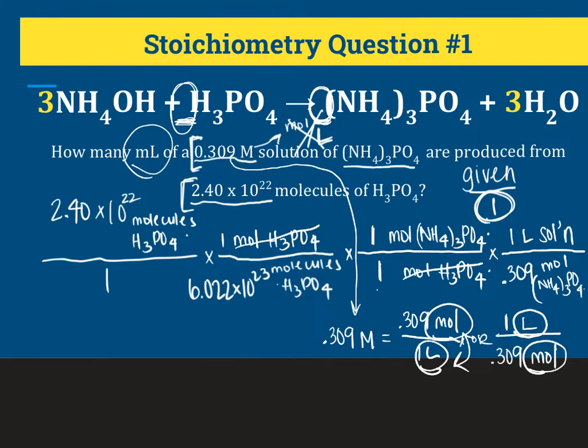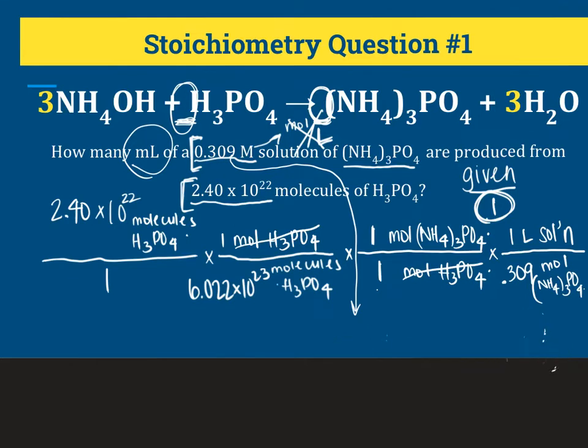All right. I'm gonna go ahead and erase this down here so we have a little bit more room. Okay, so then we have our moles of (NH4)3PO4 canceled out, and we are left right now with liters of solution. So our last step, and I'm going to draw this over here where I have a little bit of room left.